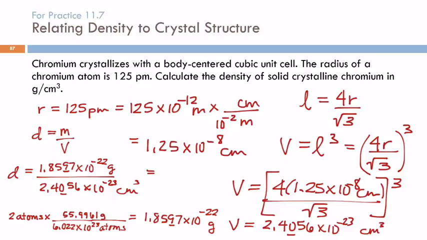So I'm coming up with 7.73 grams per cubic centimeter. They've rounded it to 3 sig figs because this one had 4 and this one had 3. Is that a reasonable density for a metal? Sure. What if it was 77?